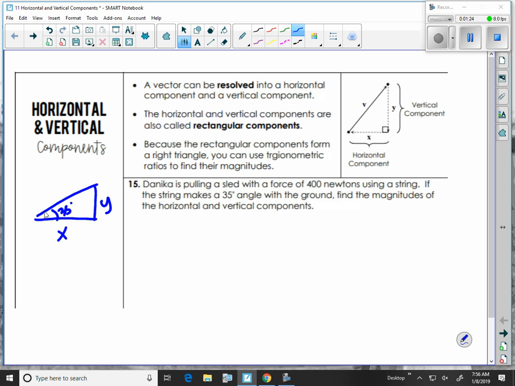Now, we know that our force is 400 newtons. So when you're doing these problems, whatever measurement they give you like that, that's going to be your hypotenuse measurement every single time. Okay, so we're going to do our cosine, and we're going to do our sine of both. And we always do it of the angle.